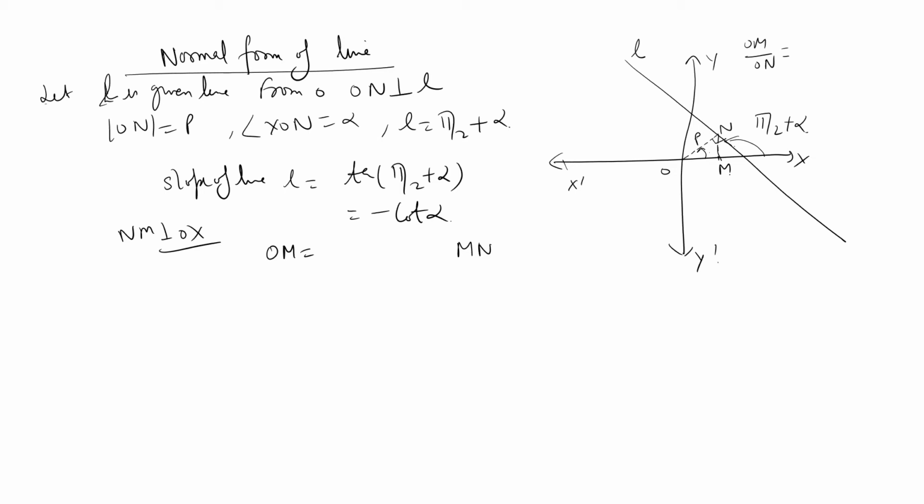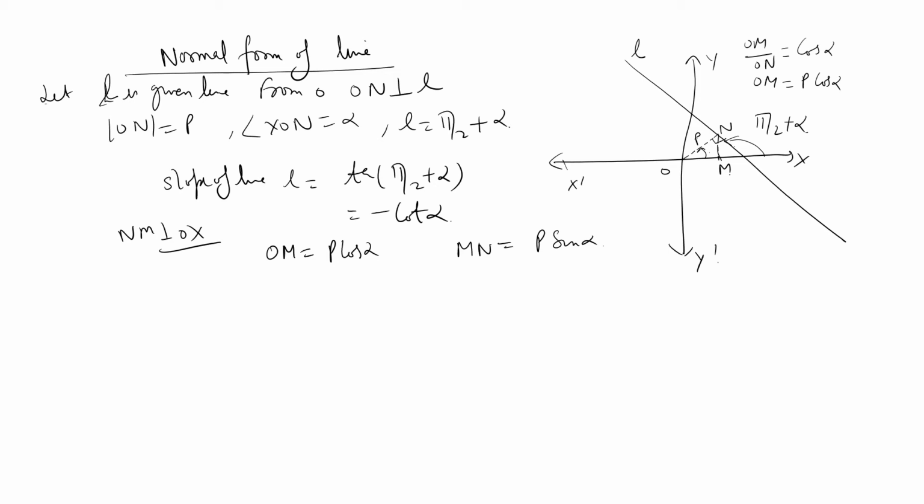Can anybody tell me which angle is framed here? Sine, cos. Is it cos alpha? So OM is P cos alpha and MN is P sin alpha.